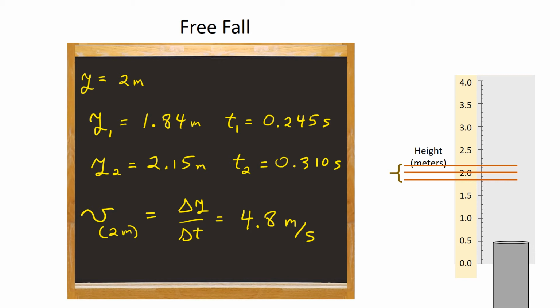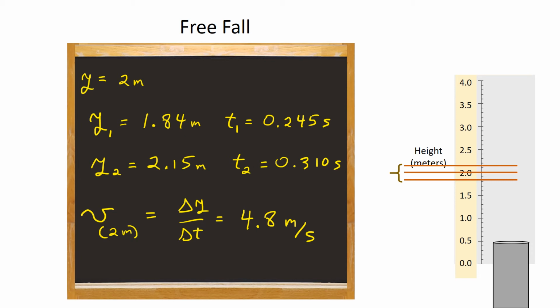I paused the video, and at 2.15 meters, I had the time as 0.31 seconds. So for y equals 2 meters, where I want to know the velocity, I'm looking at times just before and after when we were at 2 meters. And that gives me these points y1 and y2. It's like initial and final.